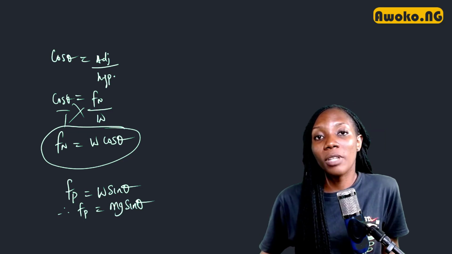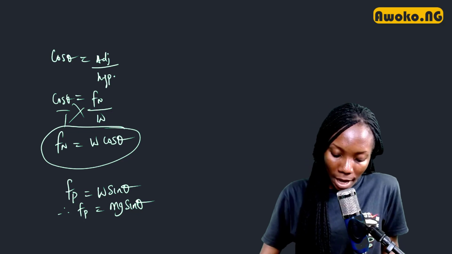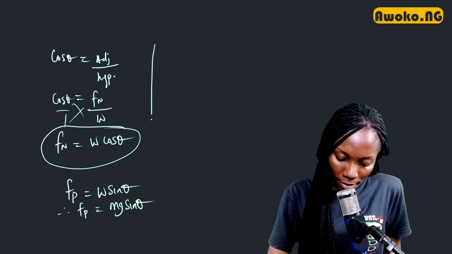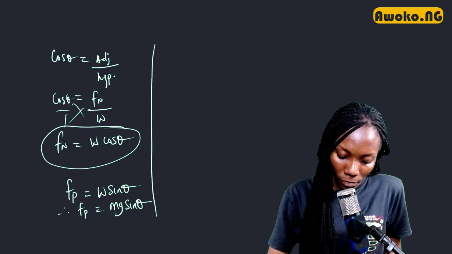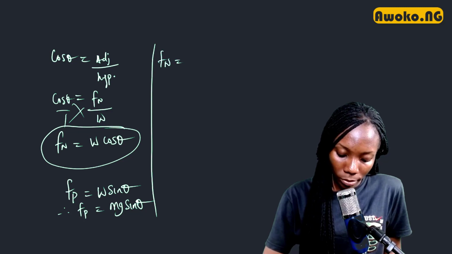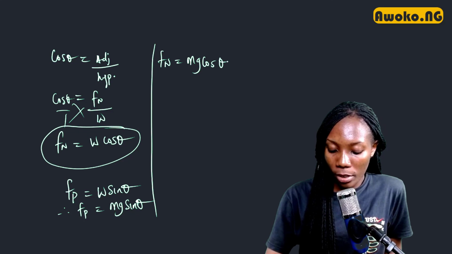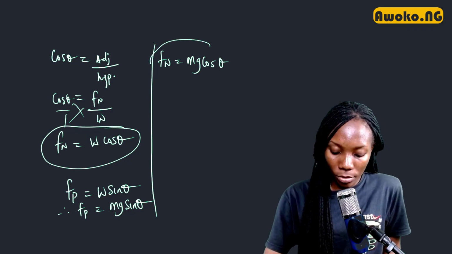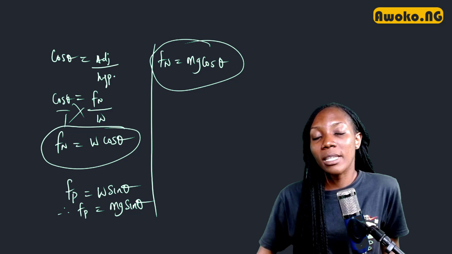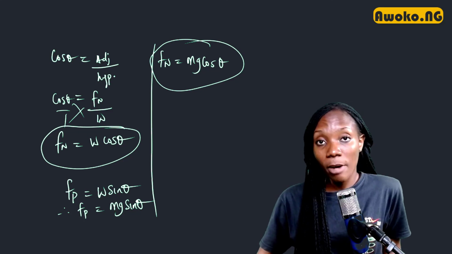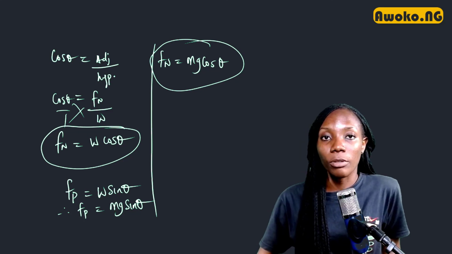While that for the perpendicular component is given as Fn equals mg, which is W, cos theta. So with this we can get our normal force and our parallel force.